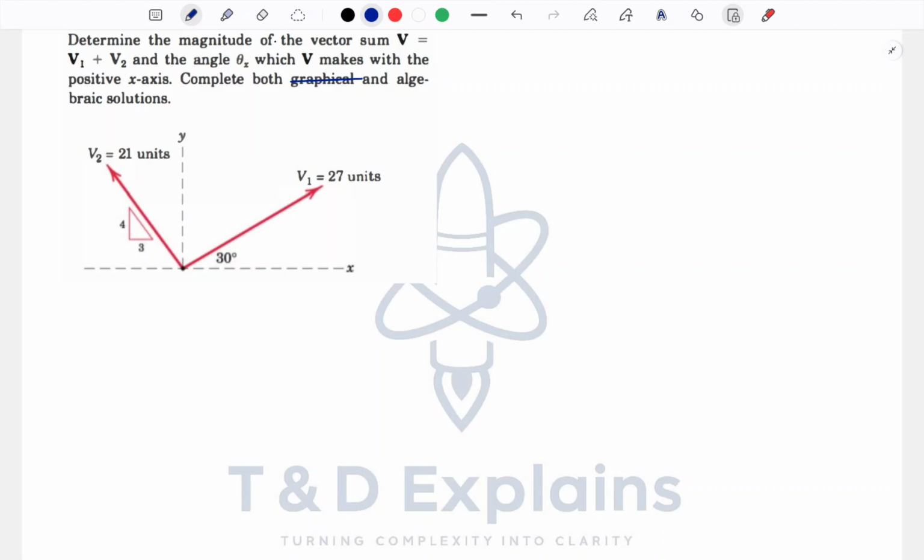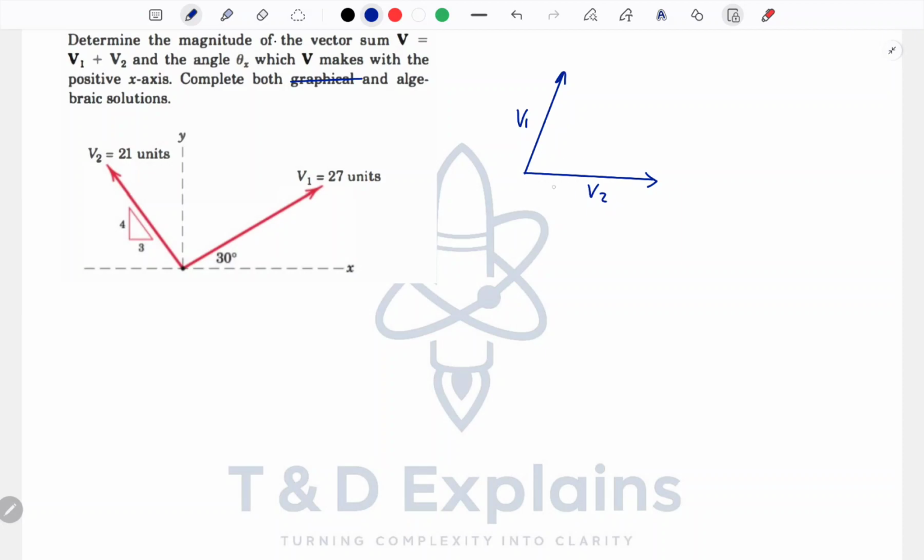The parallelogram law of combination simply says that if you have two vectors drawn tail to tail, here's vector 1 and here's vector 2, the initial scenario is that we have two vectors, v1 and v2. What is the resultant?